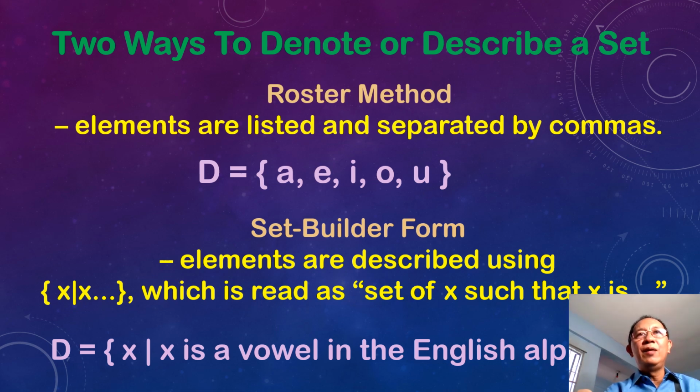Although there are 5 elements, A, E, I, O, U, always singular because you are just describing the elements. So, set D is a set of x such that x is a vowel in the English alphabet. And x here is a variable. That means we can replace x with any of these 5 vowels.